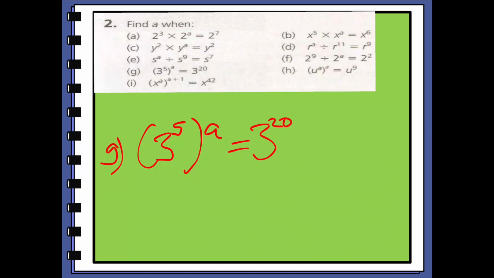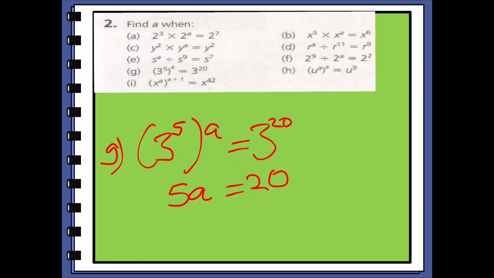Okay, just like BODMAS states, we start with the brackets. So in the brackets, we have a 5, outside we have an a. 5 times a will give us 5 what? 5a equals, then the other side, we've got 20, if we are to pick the powers only. Then, so never mind the base, which is 3. We are trying to find the value of a. That is our question there.